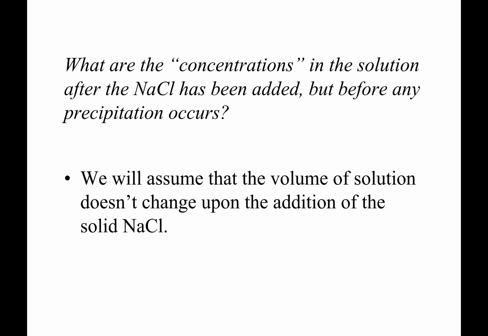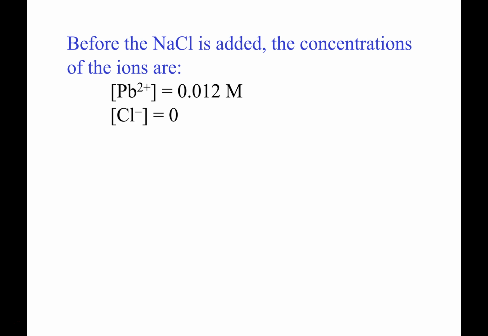The other thing we're going to assume is that the 1.20 grams is not going to increase the volume of that water, because remember, molarity is moles per volume of solution. So we have our lead 2 at 0.012 molar, and our initial chloride ion concentration isn't anything before we add our sodium chloride.